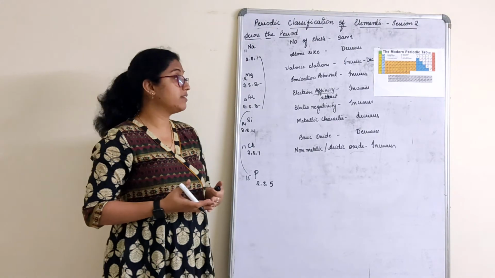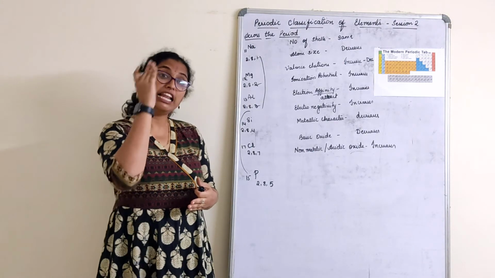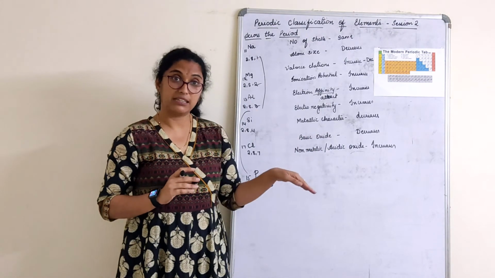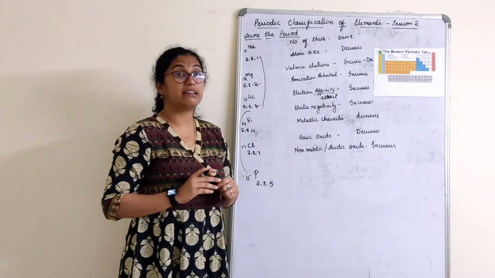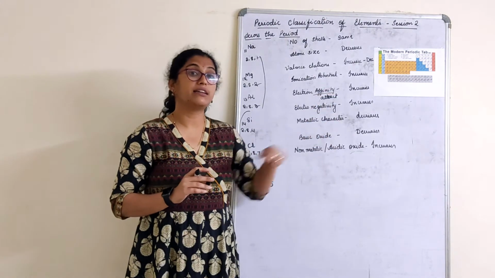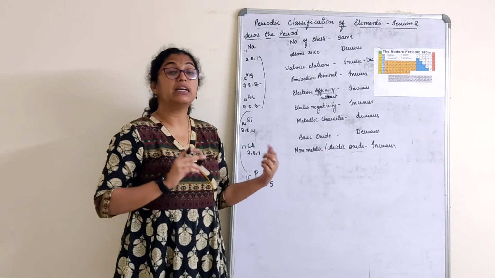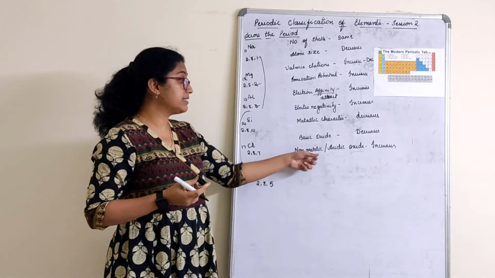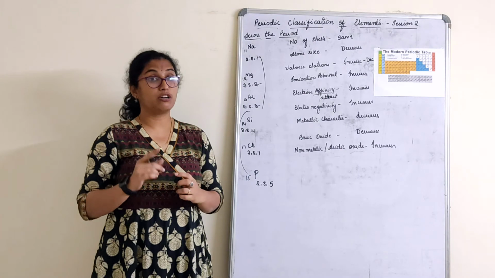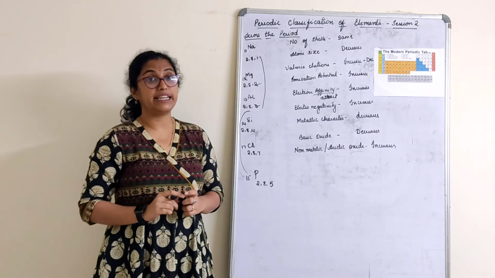So electronegativity increases. If electronegativity increases, metallic character decreases. If metallic character decreases, nature of basic oxide also decreases. What will increase? Non-metallic character increases, that is acidic oxide increases. Non-metallic oxides are acidic in nature.